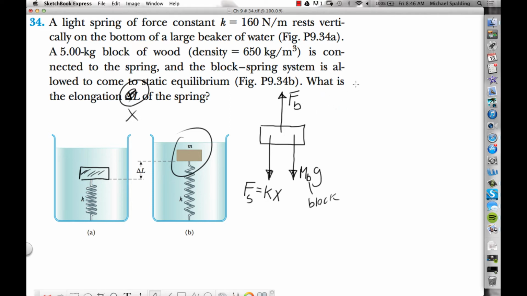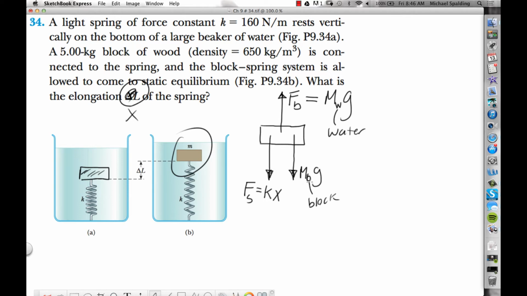This buoyant force up here is always equal to what? The weight of the displaced fluid, which is going to be mg for the fluid. And what's the fluid in this problem? Water. So see right there? That's why W here is water.